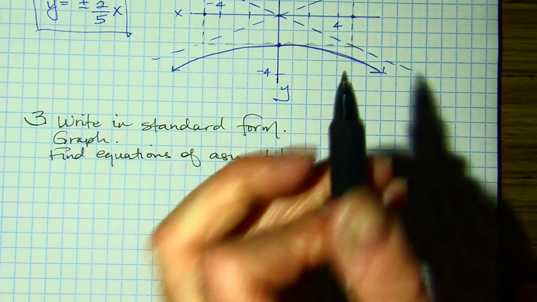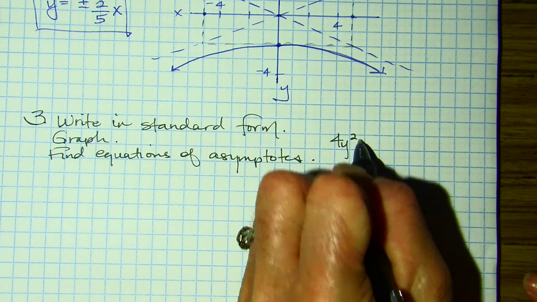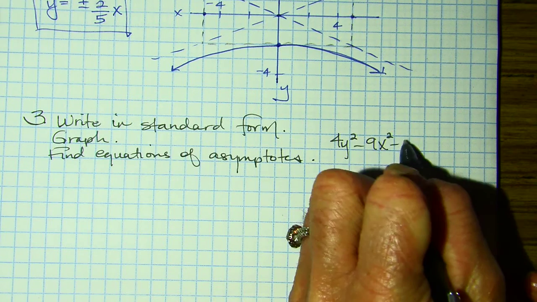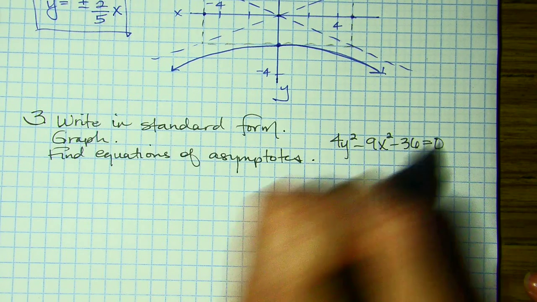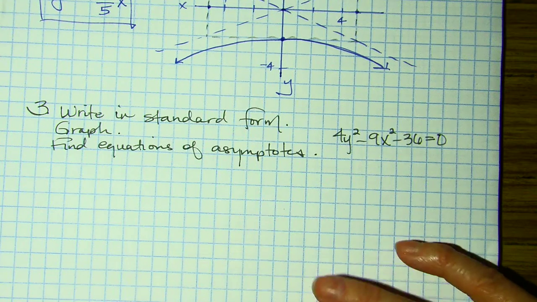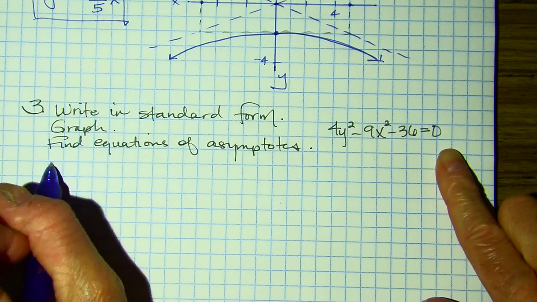So here is the equation: 4y squared minus 9x squared minus 36 equals 0. Standard form would mean to add the 36 to the other side.